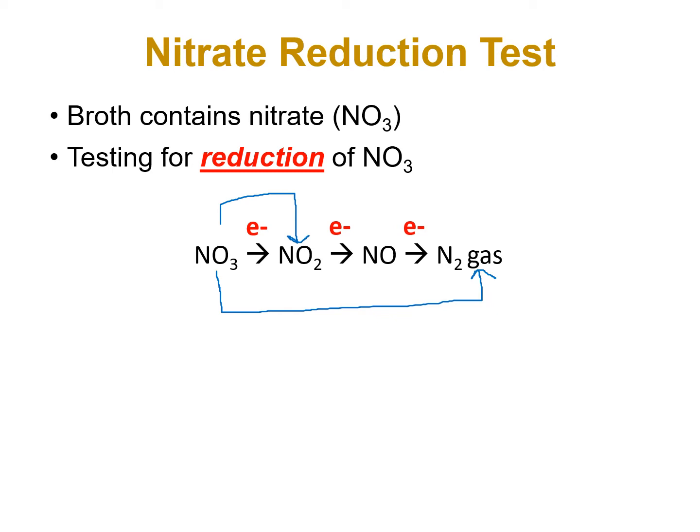But if it goes all the way to nitrogen gas, we call that a full reduction. Depending on the strain, one bacteria could go through the full reduction, and another could go through the partial reduction.